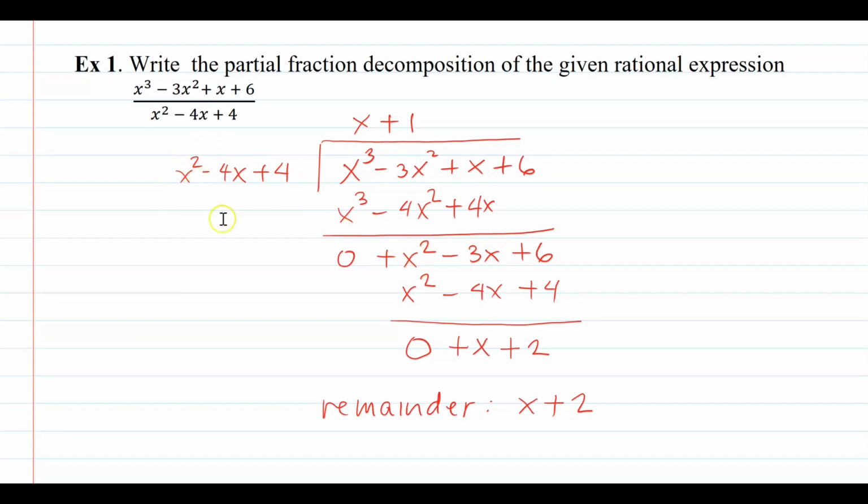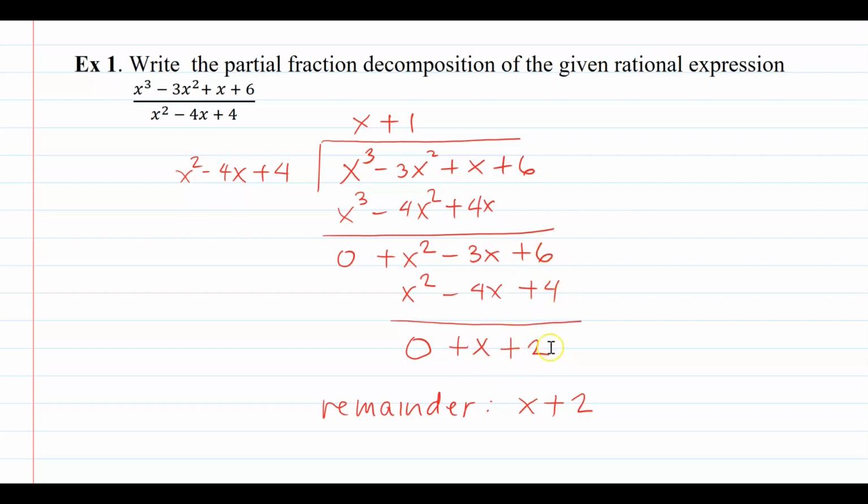So x squared divided by x squared is 1, and multiply 1 to every term of our divisor. 1 times x squared is x squared, 1 times negative 4x is negative 4x, 1 times 4 is positive 4, and subtract this result from the previous line. So x squared minus x squared is 0. Negative 3x minus negative 4x is positive x. And 6 minus 4 is 2.